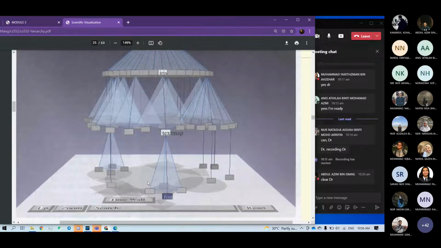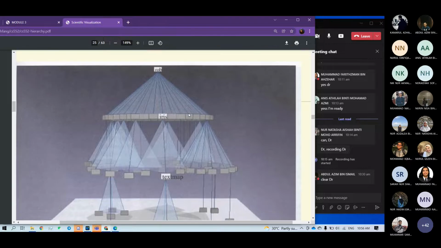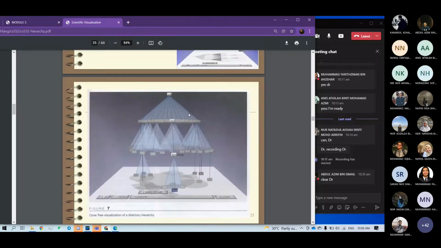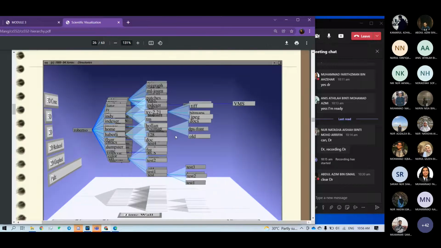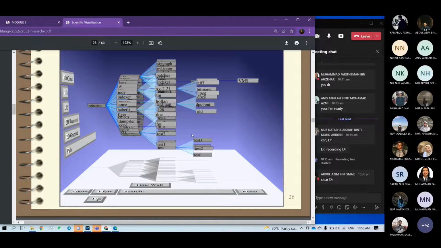Search what you want to search, then they will zoom it for you. This is another one, same as before, 3D cone and 2D.